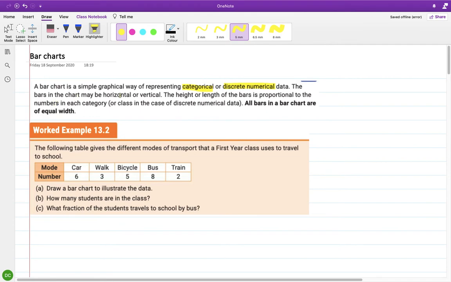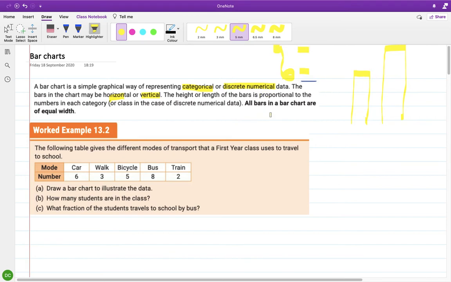The bars in the chart may be horizontal or vertical. The vertical is much more common. We'd use that an awful lot more when the bars are vertical. The height or the length of the bar is proportional to the number in each category. So like, if you have 6 people, then your bar goes up to whatever 6 is. And if you have 9 in the next one, the 9 bar will be higher and it will go up to 9.